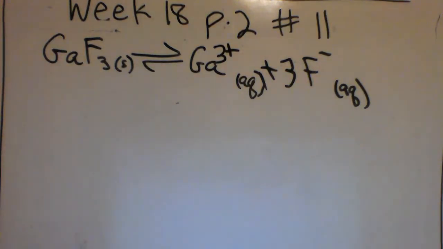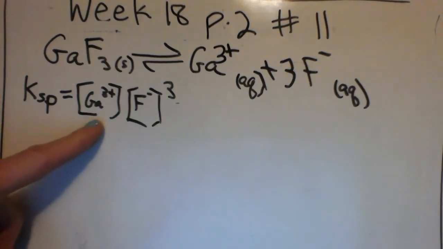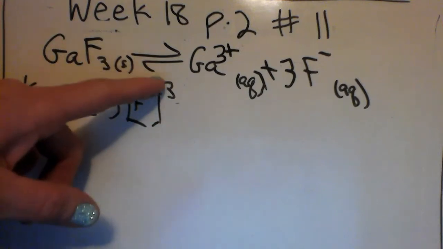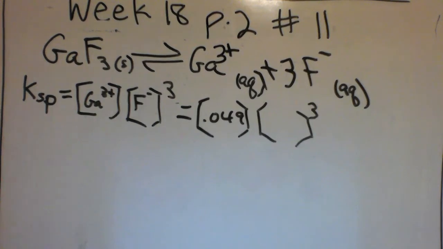The next thing we have to do is write the solubility product constant expression. So the solubility product constant is the concentration of gallium multiplied by the concentration of fluorine cubed. We have been given in the problem the concentration of gallium. We have not been given the concentration of fluorine.